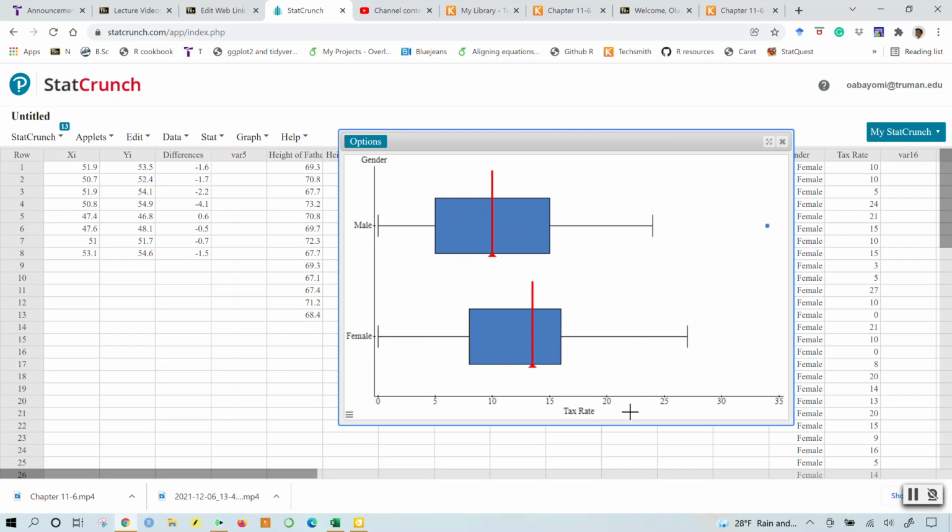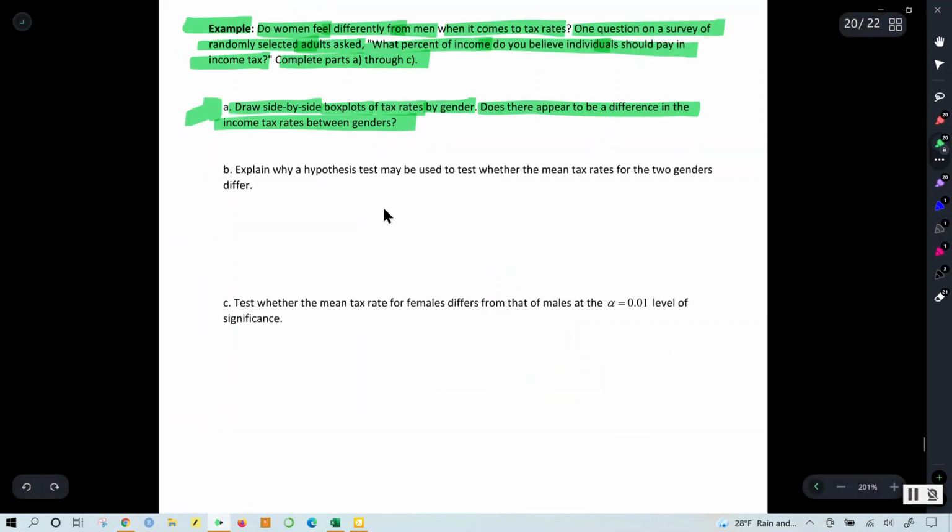What you want to observe immediately is this is the tax rate. We see that it appears that females tend to believe in a little bit higher tax rate, and the median is, of course, way higher than that of the males. This might be suggesting to us that the income tax rate for females appears to have a higher median than that of males. So let's write that down.